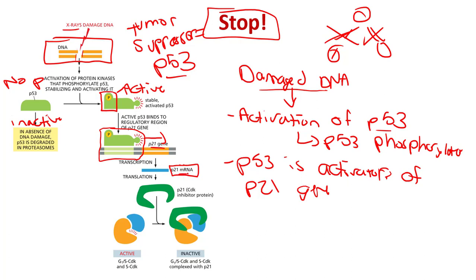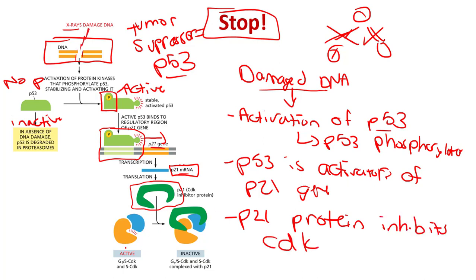You'll make P21 mRNA, and then that P21 will be translated into the P21 protein. The P21 protein, it inhibits CDK. So normally, if CDK were active, it can go around phosphorylating things. But P21 clamps CDK so that it is inactive and it blocks it from doing anything. Okay, so it's kind of blocking it here.